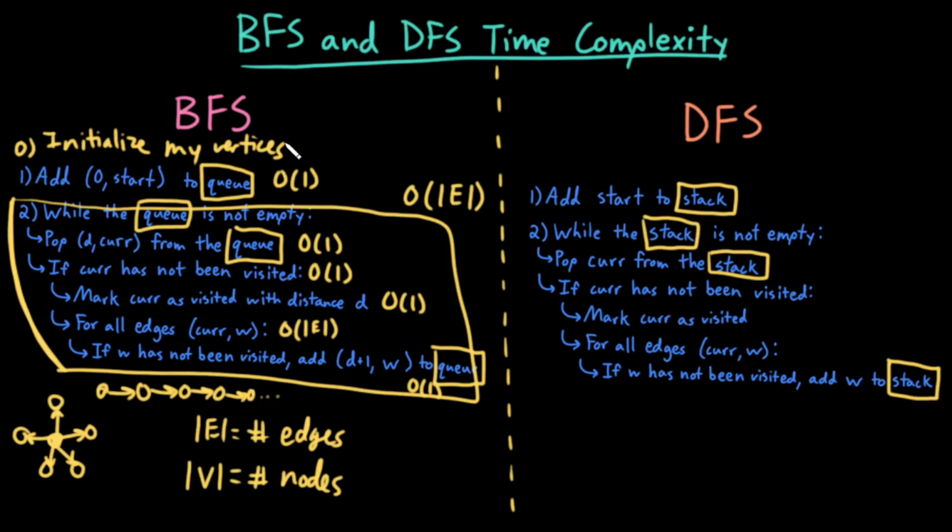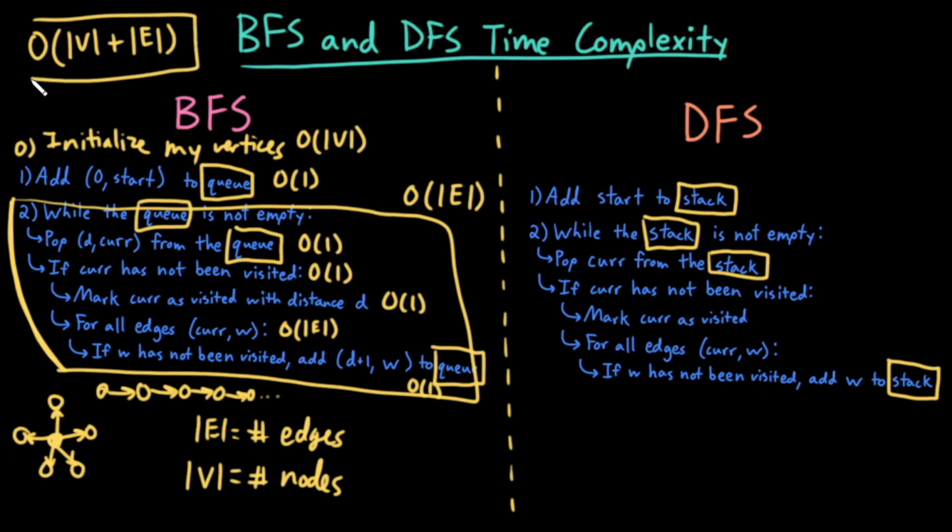In general, I might have to initialize something for each of my vertices, which would be big O of V. So generally speaking, if I include any graph initialization and I have my BFS traversal, the overall algorithm of BFS is big O of V for the initialization plus E for the actual graph traversal, the actual BFS.